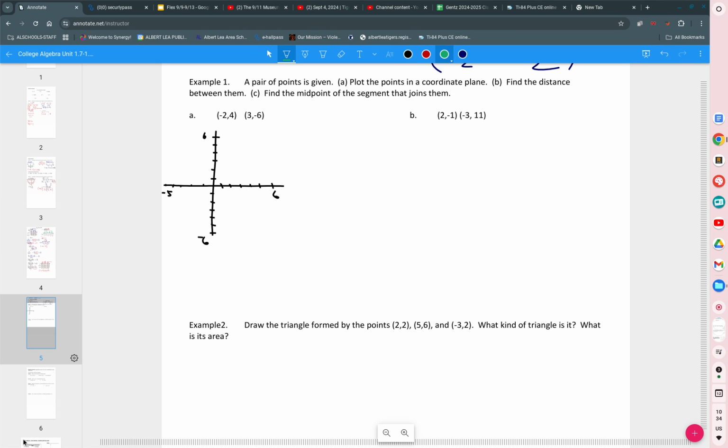And the coordinate is -2, 4. And I have another coordinate which is 3, -6. And I connect those points. Everybody okay with that?